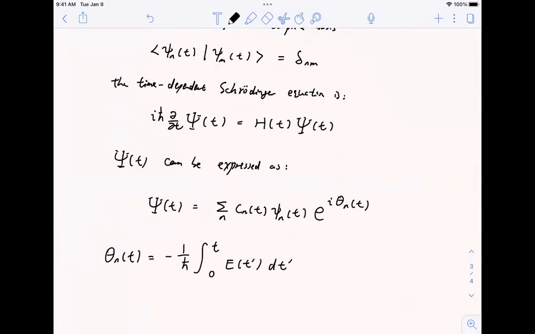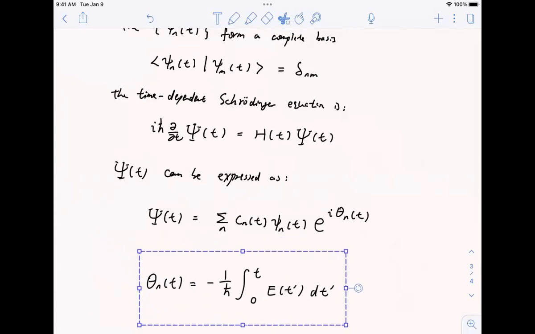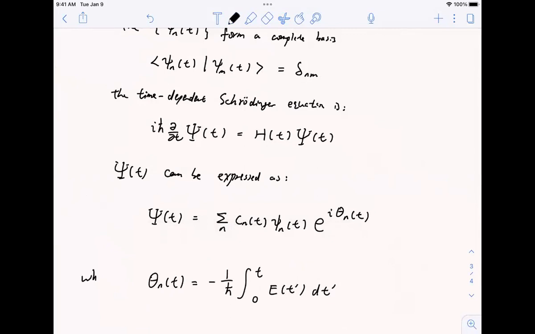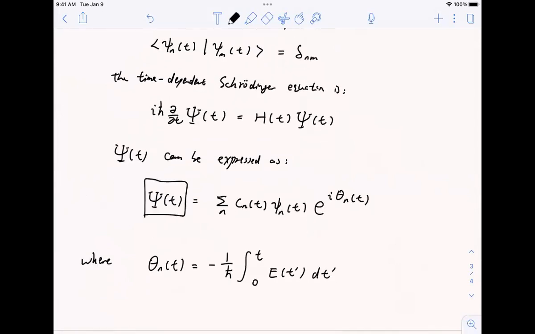Okay, so let's try to understand what is going on here. So we want to solve this Schrodinger equation at a particular time t, and because this new eigenstate at the particular time t forms an orthonormal basis, you can always express this general wave function as a linear combination of this basis, and you will have a coefficient.